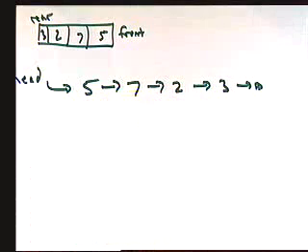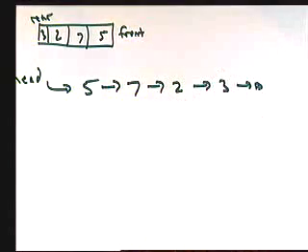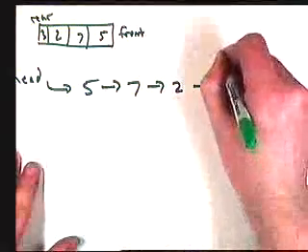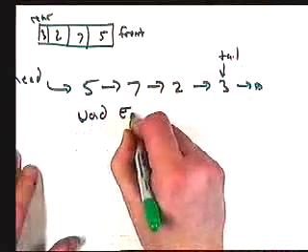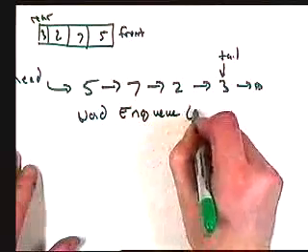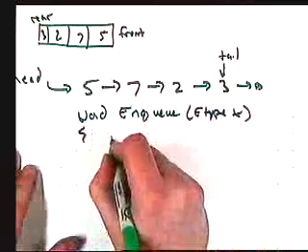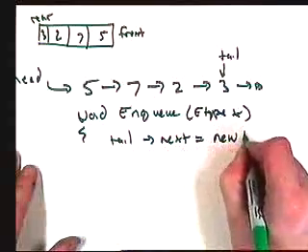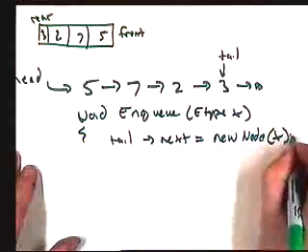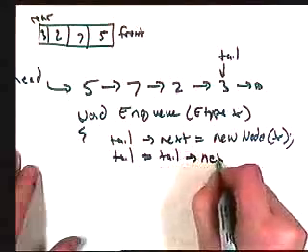The only difference is enqueue, because for a stack, the push was pushing on the beginning of the stack. For enqueue, it's adding to the end of the queue. The way to make this most efficient would be to have a tail pointer sitting up here, and then all the enqueue function would need to do, with an eType x, is say tail arrow next equals new node, pass an x, and then tail equals tail arrow next.